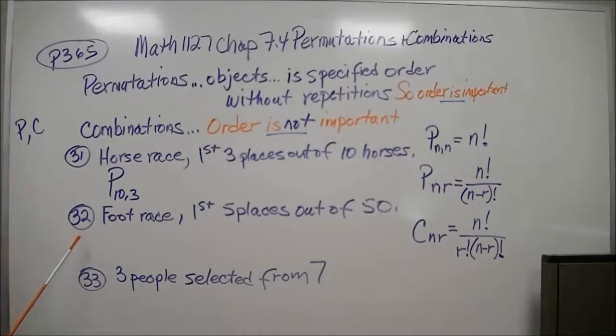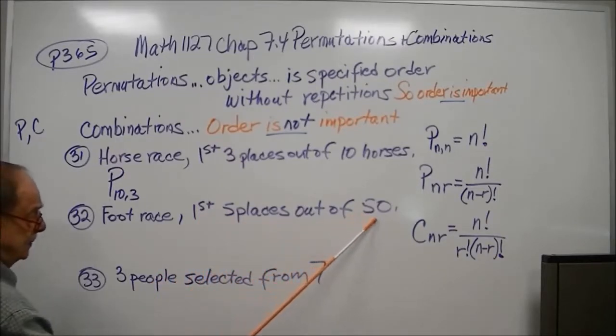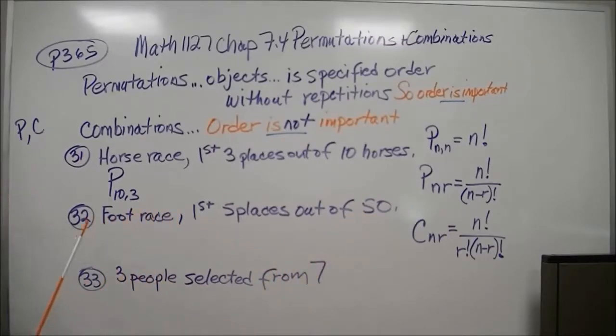All right, in the next example, we have a foot race. We want to find out the possibilities of the first 5 places out of, let's say, 50 runners.